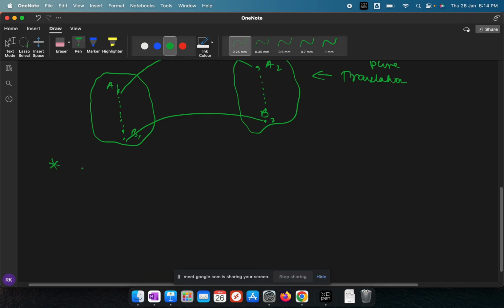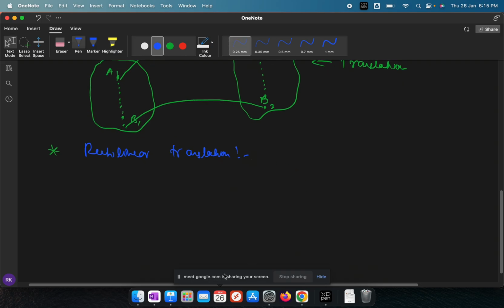Okay, so translation motion can also be categorized into two categories. The first category is called rectilinear translation. In this case the path is always a straight line.